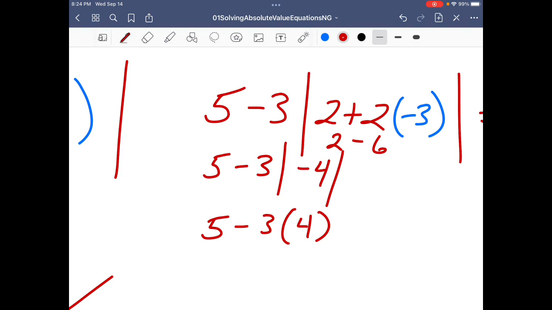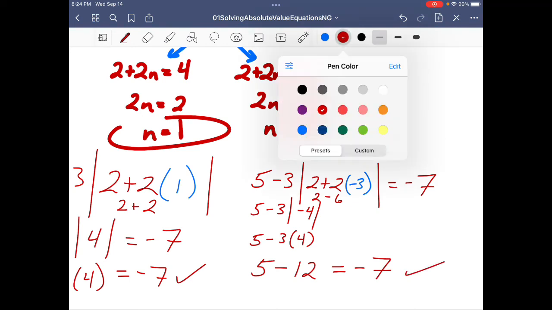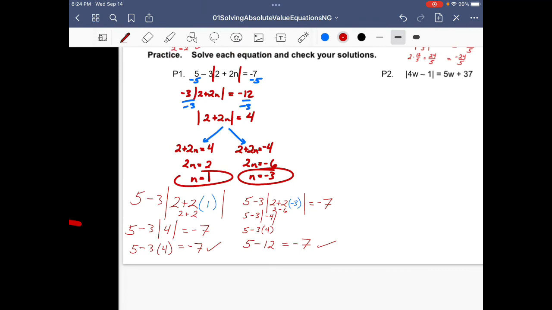So what do you think? 5 minus 12? Yeah, it comes out to 5 minus 12 again. That equals negative 7. That works. Okay, so it looks like both of these answers are for real. They're true answers. Again, I can circle them to show that.